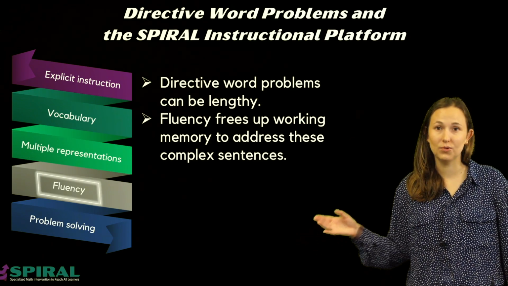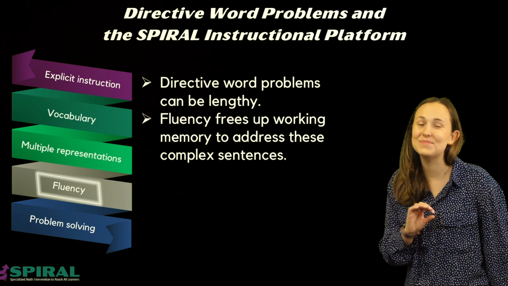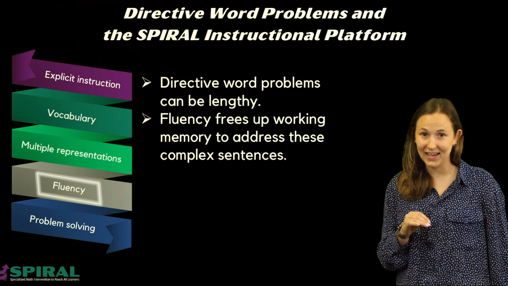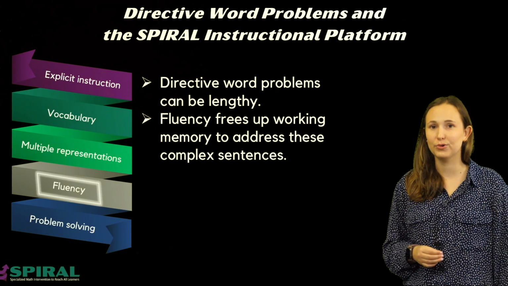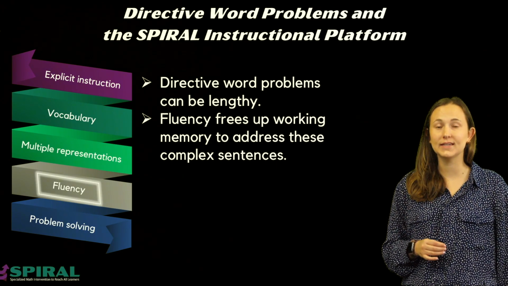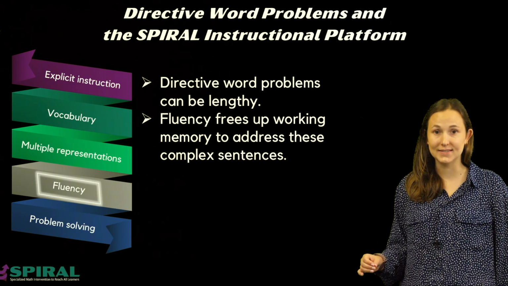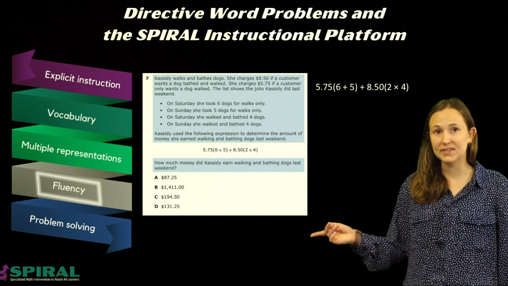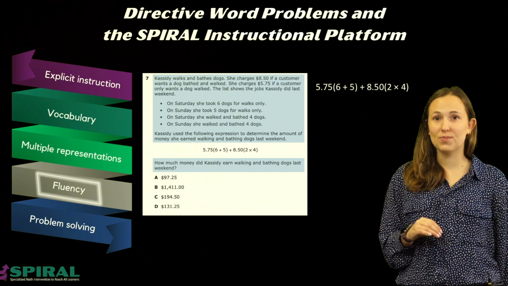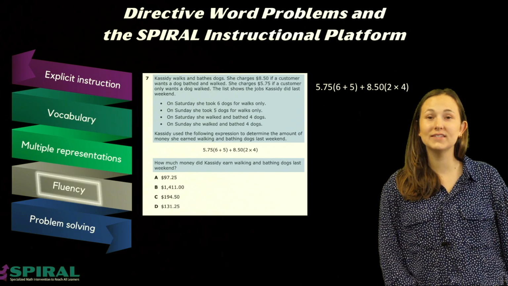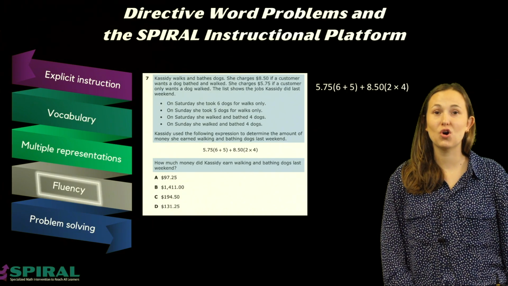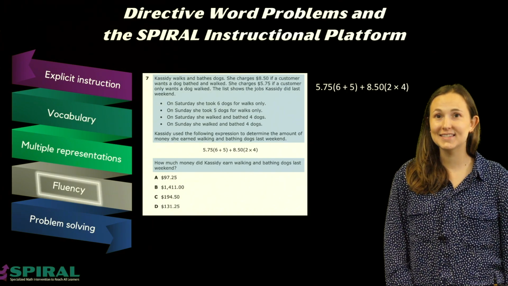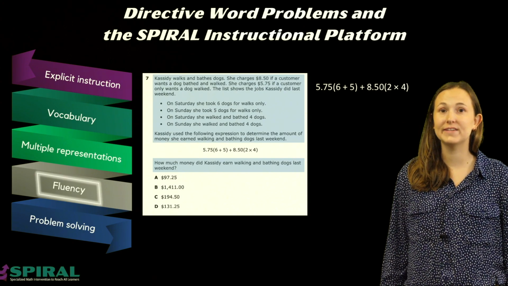Next, we have fluency. Directive word problems can be very lengthy, and we know that fluency frees up working memory so that students can address these complex sentences. Let's look at this example. This directive word problem says Cassidy walks and bathes dogs. She charges $8.50 if a customer wants a dog bathed and walked.